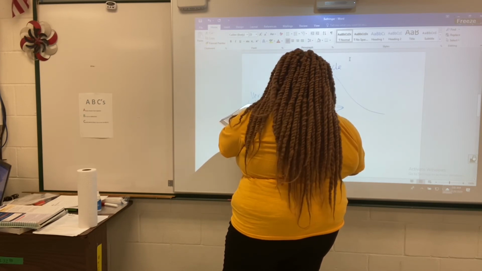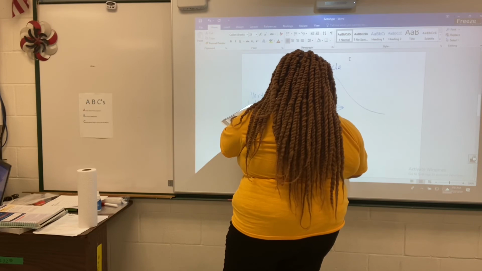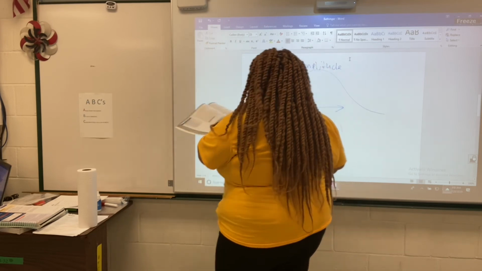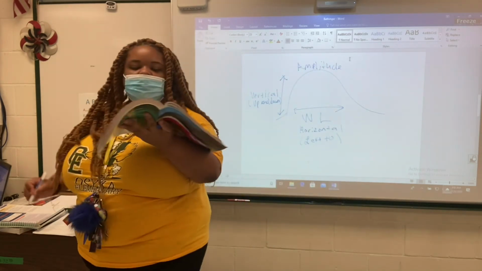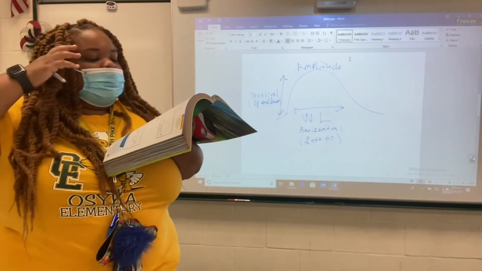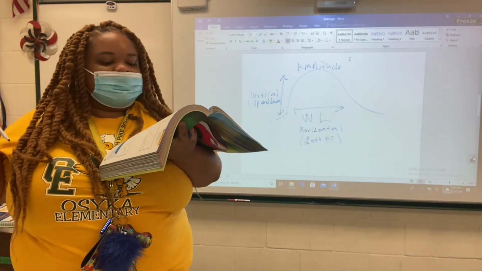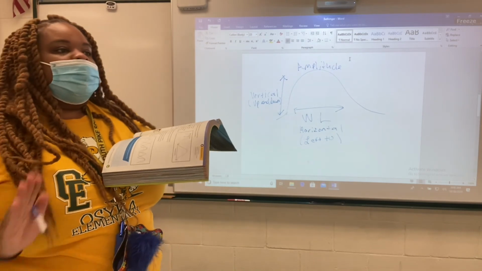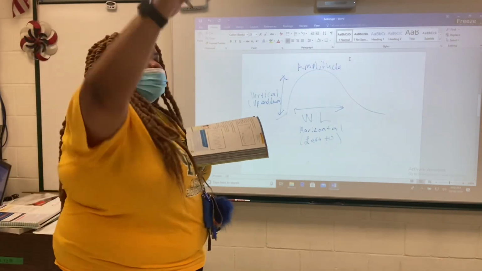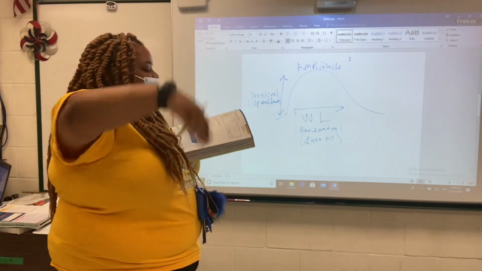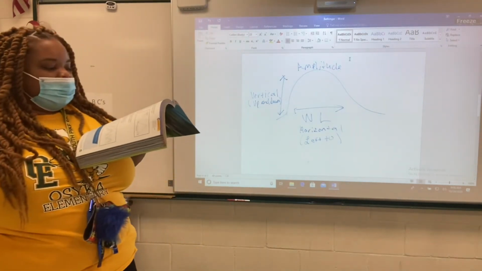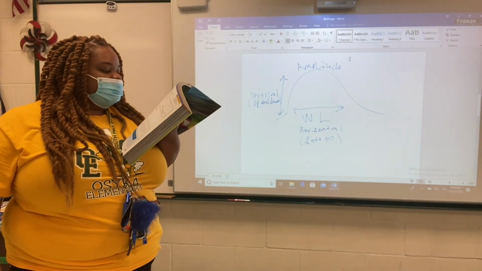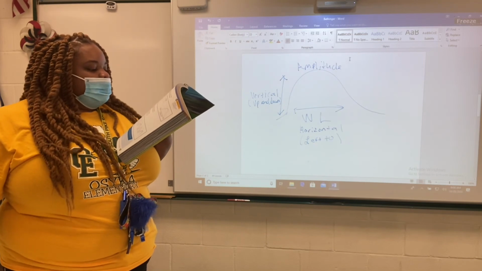Okay, so everybody, make sure you have that first sentence underlined. Frequency is the number of wave repetitions in a certain amount of time. The number of times the wave goes up and down, the repetition of a wave in a certain amount of time.